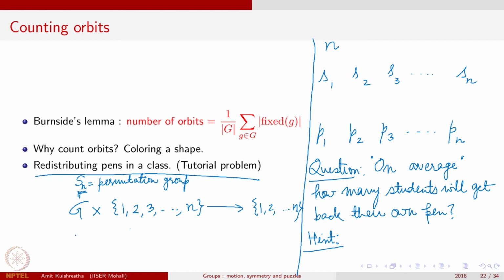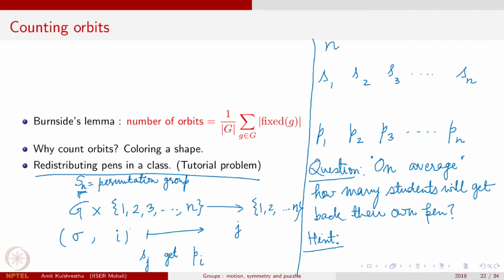So, what is happening? I take a permutation, let me call it sigma, and then you pick one of the pens, suppose the pen of the ith student, and then you take it to j, where Sj gets the pen of the ith student. That's the action.